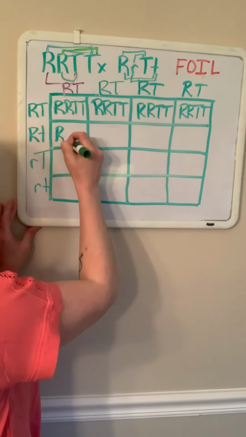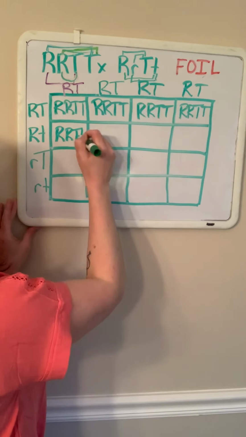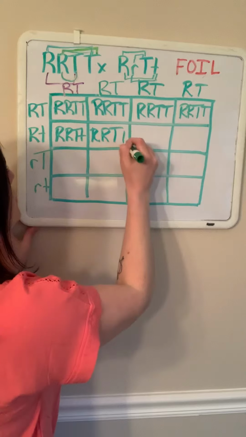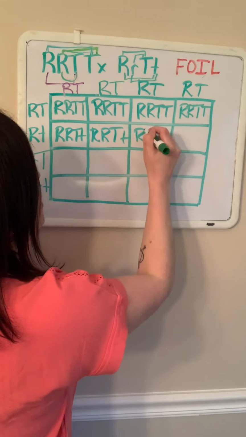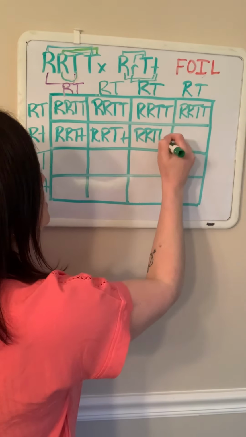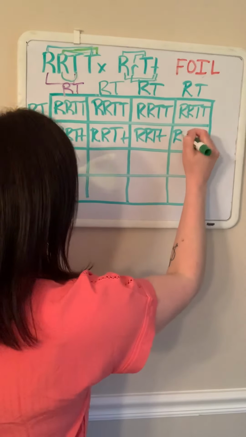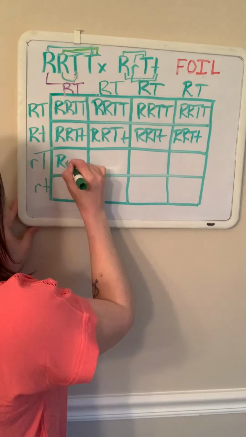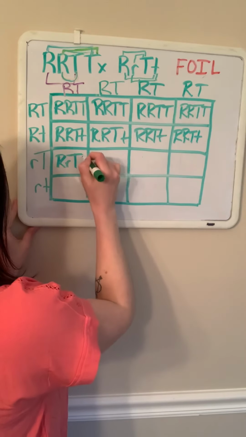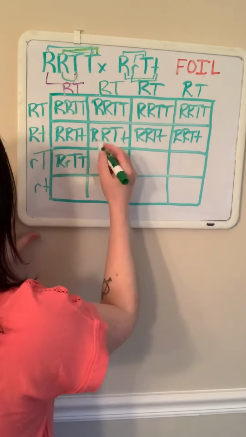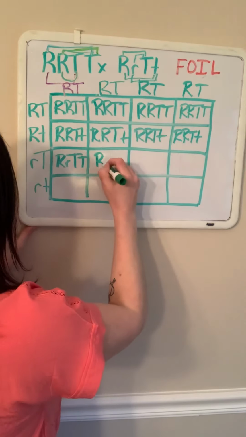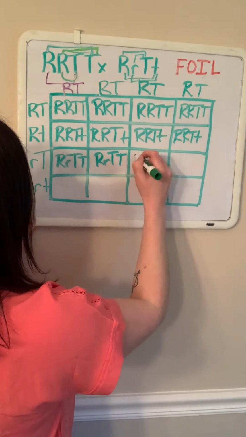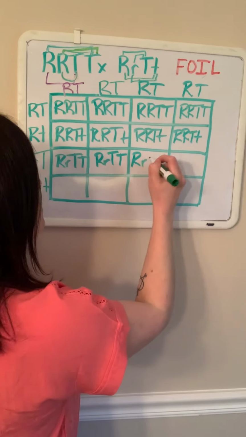How about this one? Capital R, big T, lowercase t, capital R, big T, little t. We do have a little bit of a trend going with this Punnett square for sure. You can see that most people like this because it's very visual, but it does take more time than the forked line method.